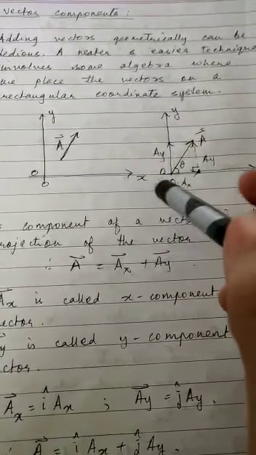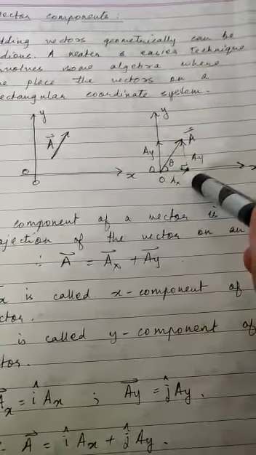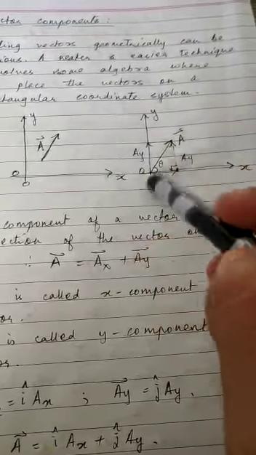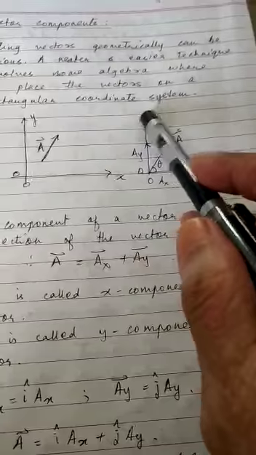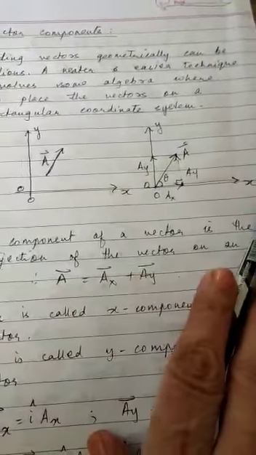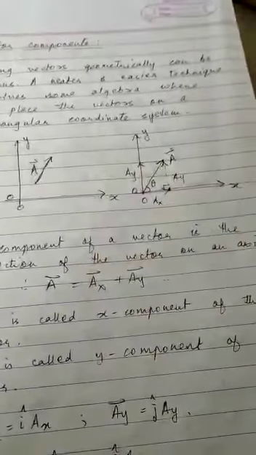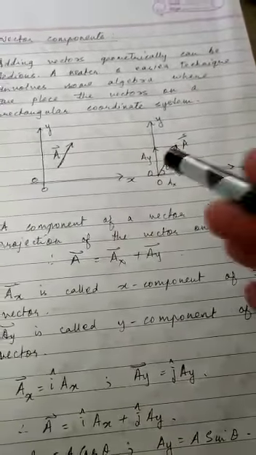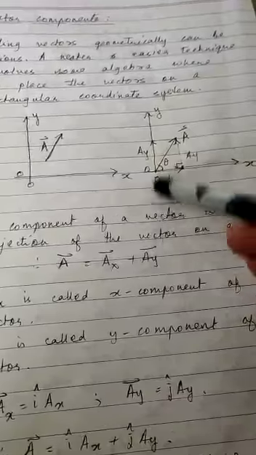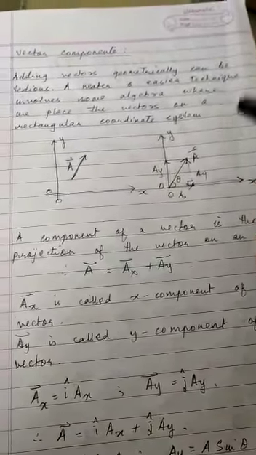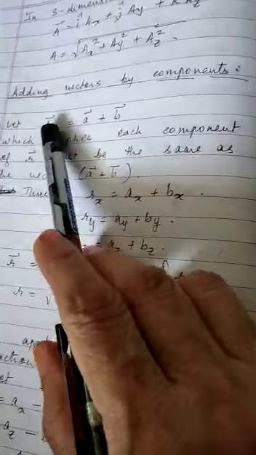Vectors along the same line can be added like scalars, so I can add them. So I can add all the x components of the vectors and get some resultant x component. I can also add all the y components of all the vectors and get a resultant y component.